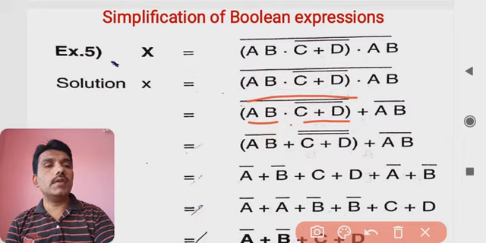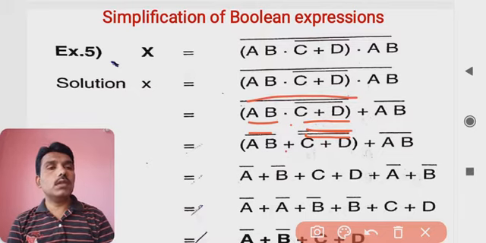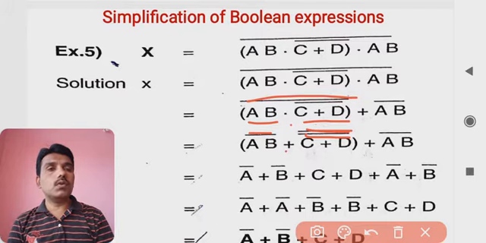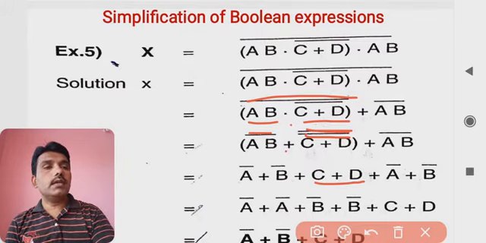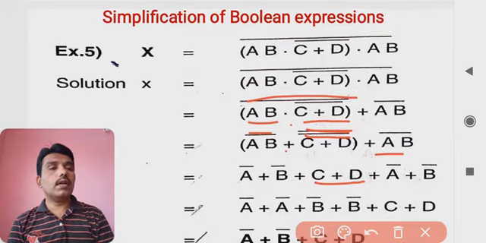So here it will be AB complement or (C or D complement) whole complement. One complement is already there in the example, and another is applied using De Morgan's theorem. So complement of complement, by the complement rule, gives the original, and C or D remains. And this is plus AB complement.